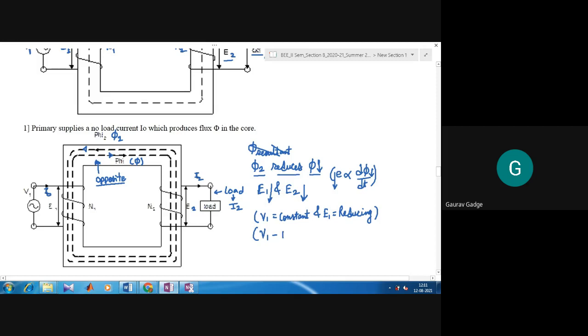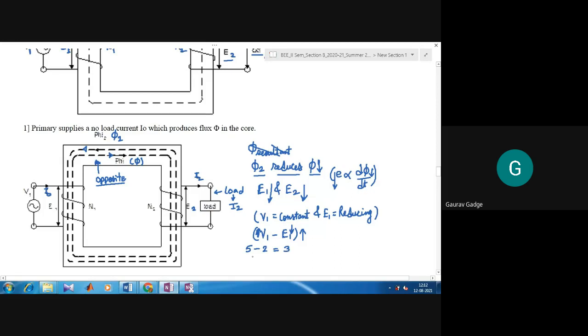So what we get? V1 minus E1, this difference gets increased. See, E1 is reducing, V1 is constant. So when we have a constant value and another parameter is reducing, जैसे अगर मेरे पास V1 एक constant है, 5, और मेरे पास पहले E1 का value 2 था, so I can write it as 5 minus 2 as 3.